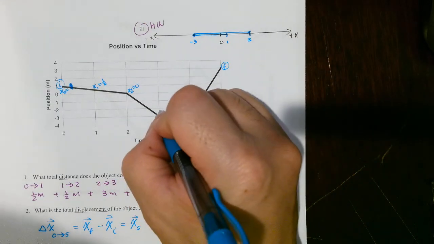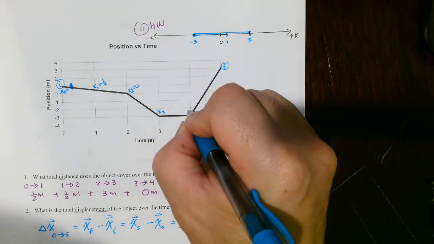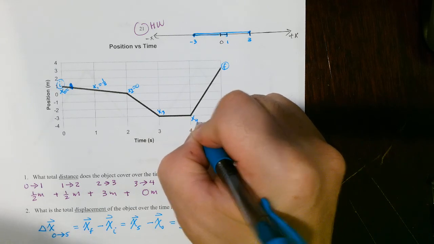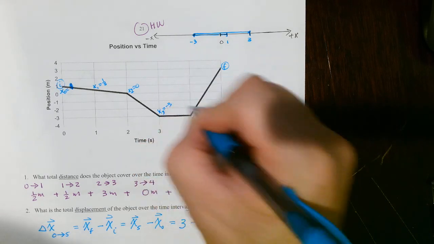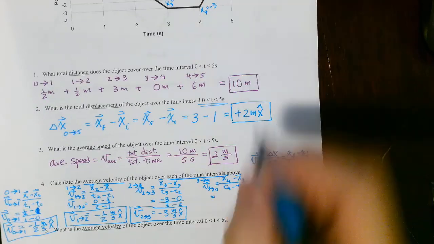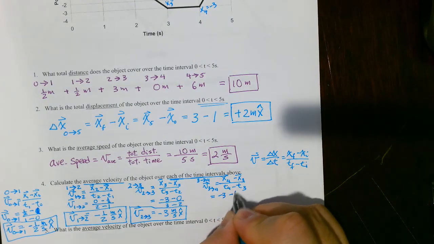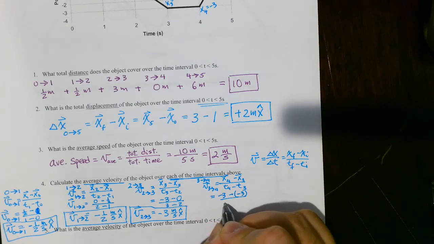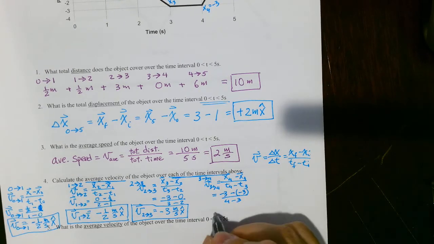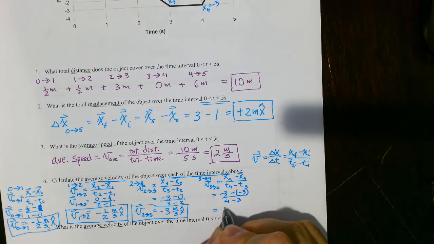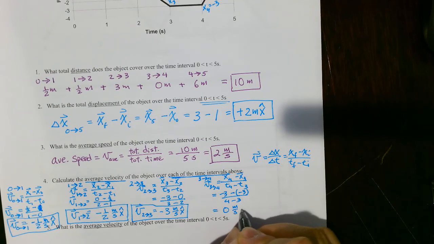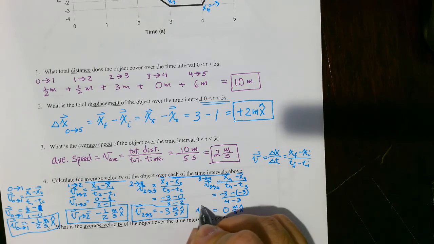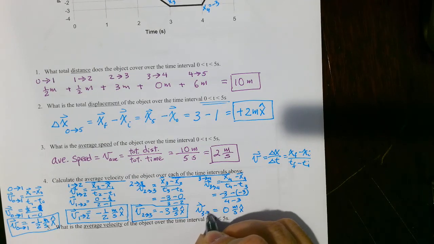So this is x3 and this is x4. So -3 minus -3 over 4 minus 3, and I get 0 meters per second x hat for my v of 3 to 4.